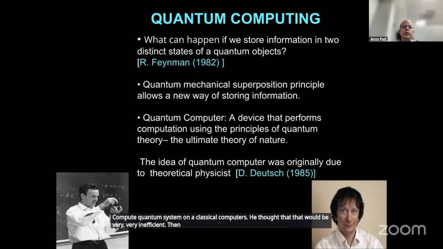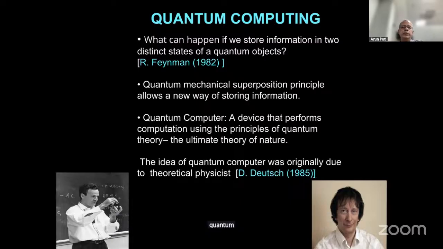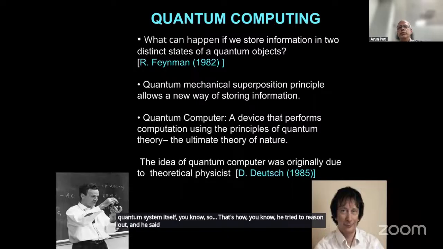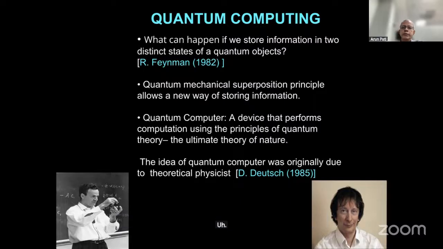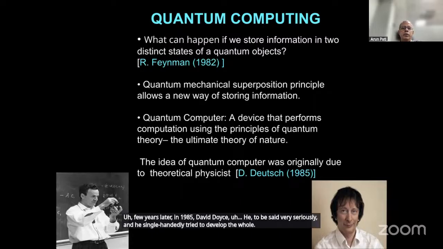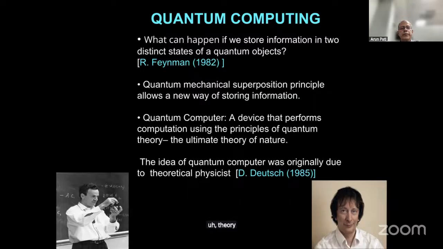Then why not use a quantum system to simulate a quantum system itself? So he said, okay, what will happen if you store information in a quantum system? But then he did not pursue it really seriously at the time. A few years later, in 1985, David Deutsch took this idea very seriously, and he single-handedly tried to develop the whole theory of quantum computing.